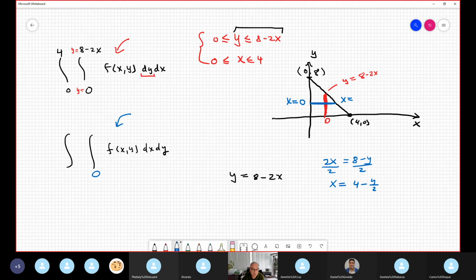Now the upper limit is 4 minus y over 2. Now you open the window in that direction, and that direction is the direction of the y. Y goes from 0 to a. End story, with any order.